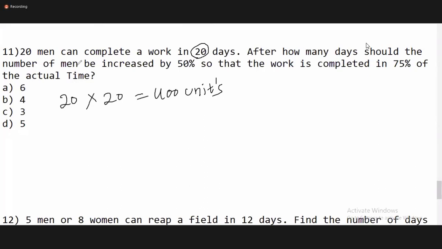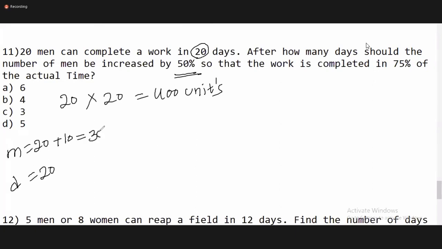See, the question is: after how many days should the number of men be increased? Okay, in 20 days, after some days, I need to increase 50% of the men. What is 50% of 20, Nana? Because men is 20. 50% of 20 is 10.